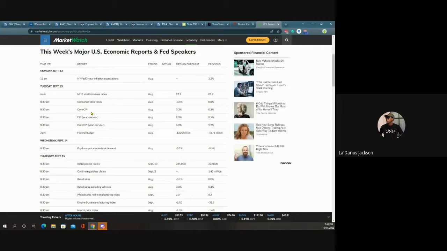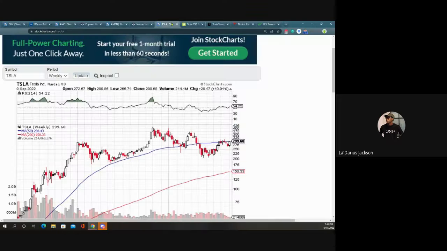I think the CPI is heavily based off energy prices, and the price of gas has come down about 25%. So this CPI on Tuesday should come in at a decent number, and it's coming in before the market opens, so that's another thing to keep your eye on. Back to Tesla's chart, if the CPI data comes in at a good price, we're pushing Tesla up.